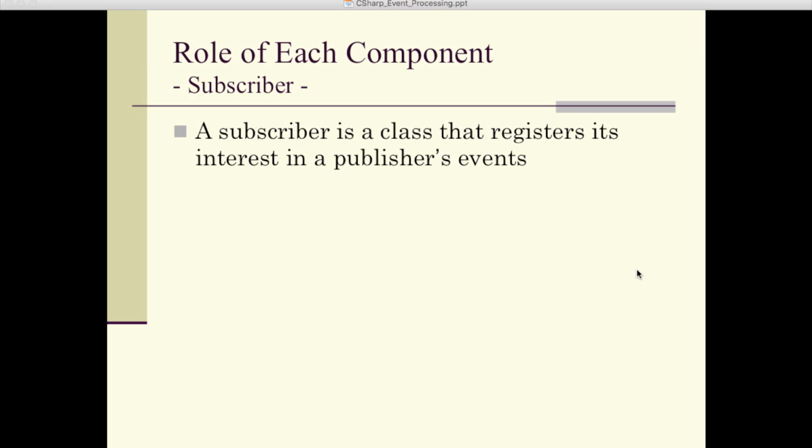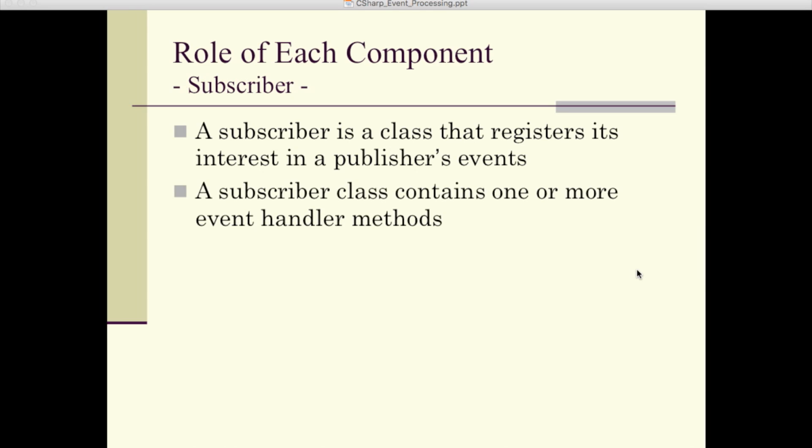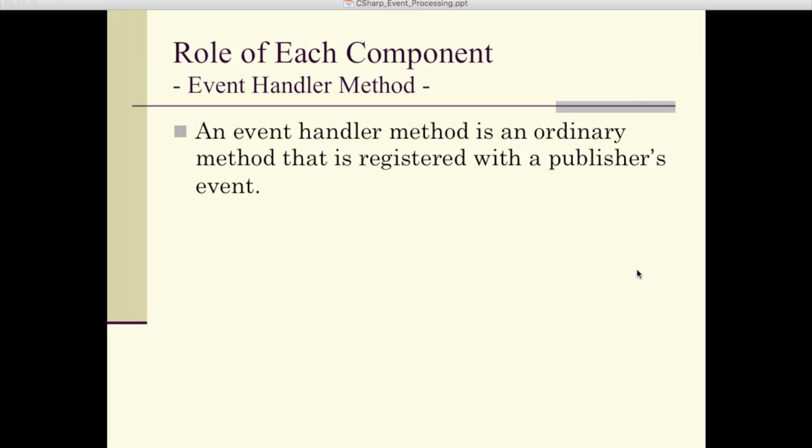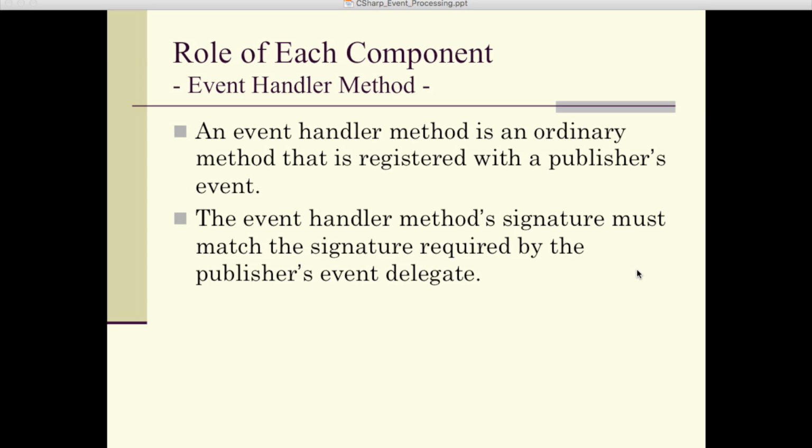It just so happens that it can be in another object. A subscriber class contains one or more event handler methods, right? Now, an event handler method is an ordinary method that is registered with a publisher's event. And the event handler method signature must match the signature required by the publisher's event delegate type, right?